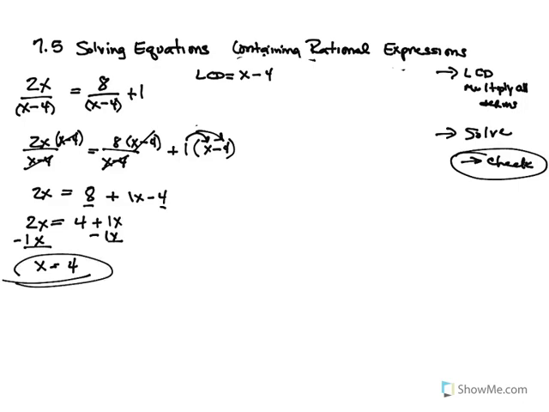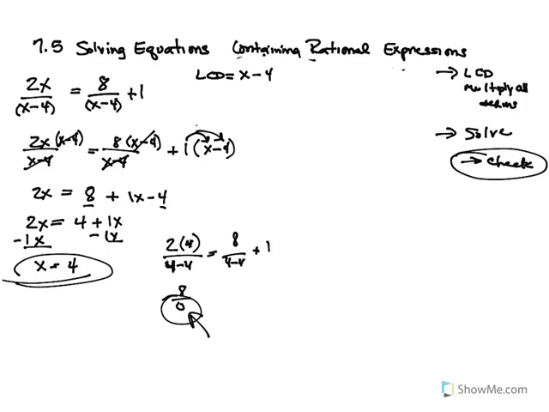Now, when we look at this, remember your last step says check it. So when you check it and you go back up and you plug that 4 in for the x, when you look at the denominator and you put that 4 up there, so like if I do 2 times 4 over 4 minus 4, just from you doing this first fraction, you get 8 over what? 0.